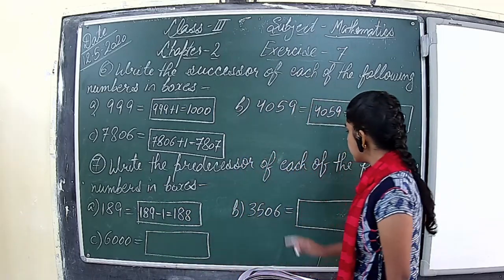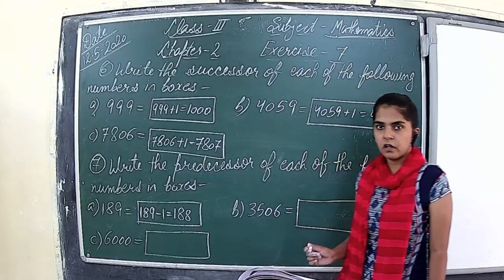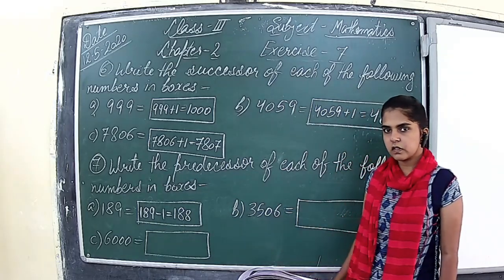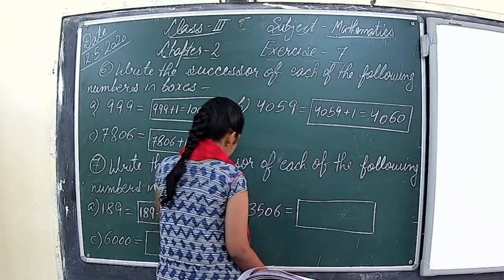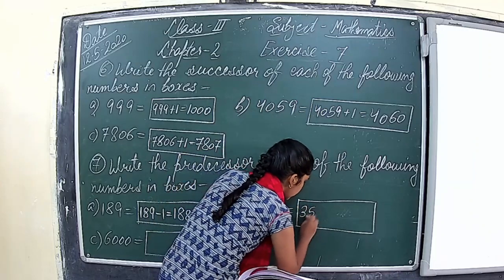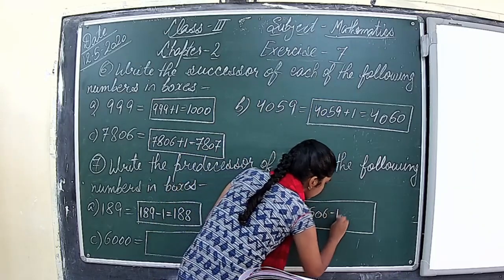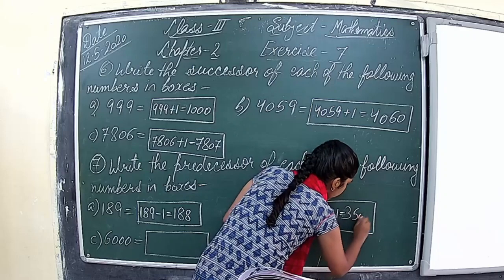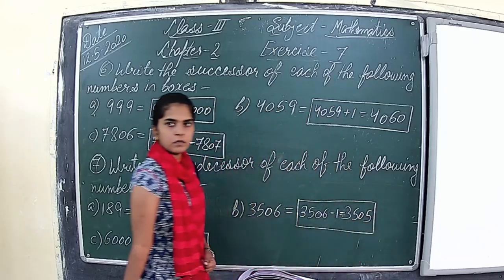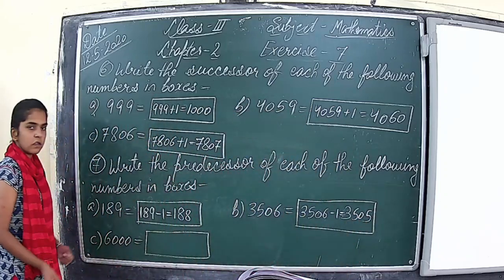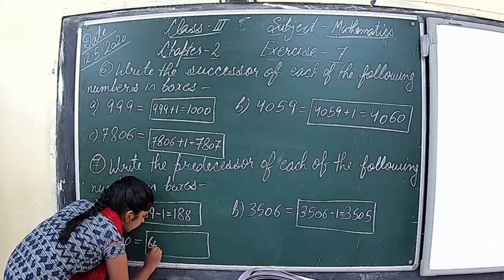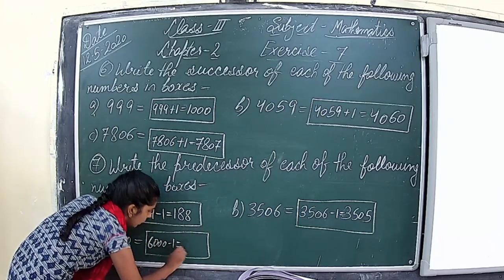Next number 3506. What will be the predecessor of this number? To find the predecessor, we will subtract 1. 3506 minus 1 is 3505. Right?